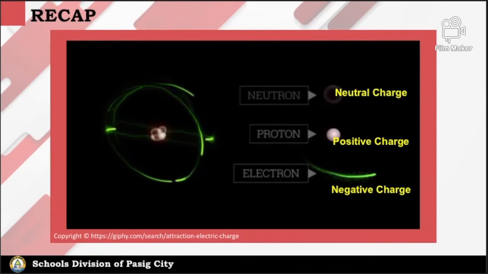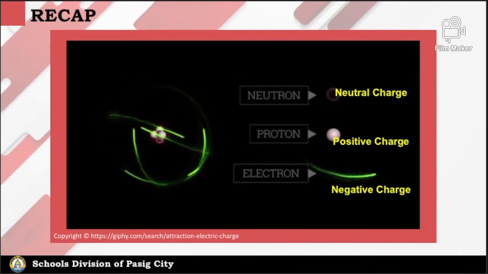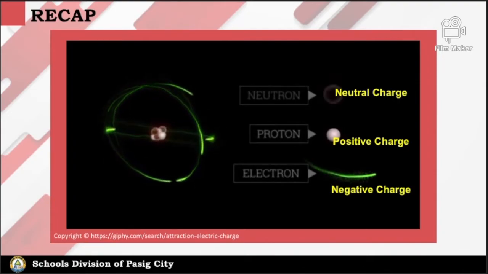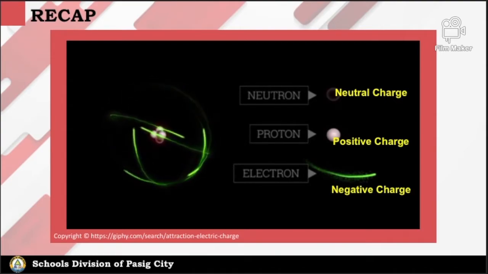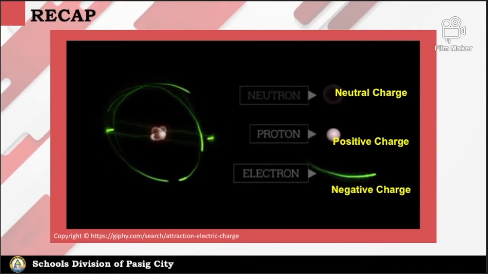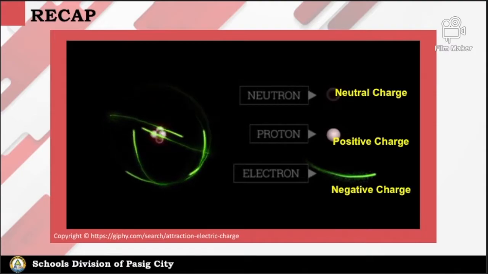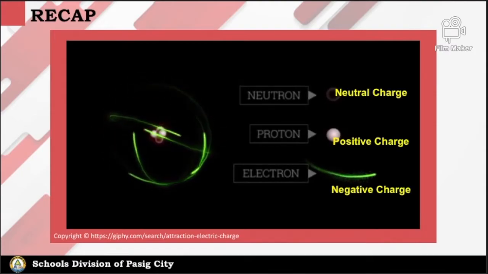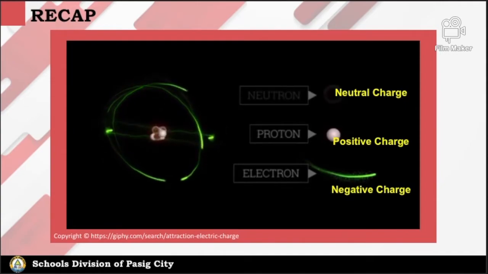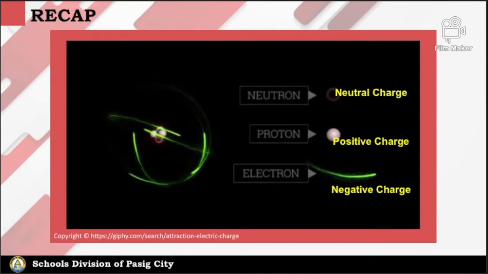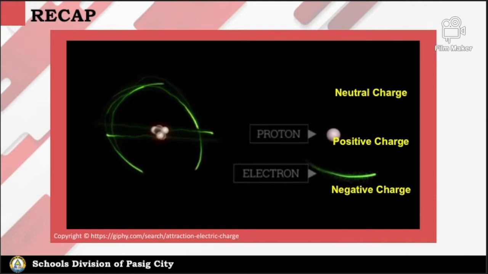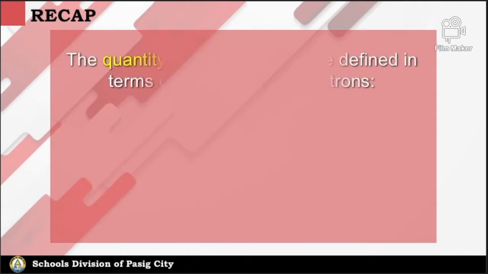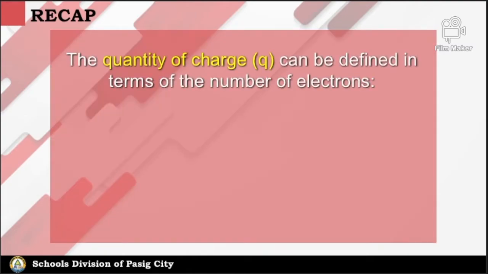But before we begin, let us have a short recap of what we discussed last episode. An atom consists of electrically charged particles such as the neutron, which is neutrally charged, the proton, which is positively charged, and the electron, which is negatively charged. The quantity of charge can be defined in terms of the number of electrons.